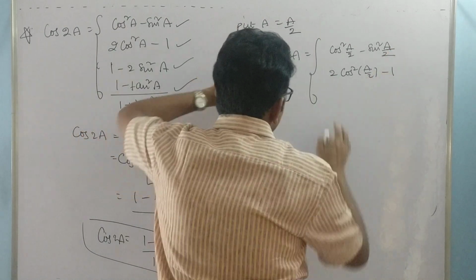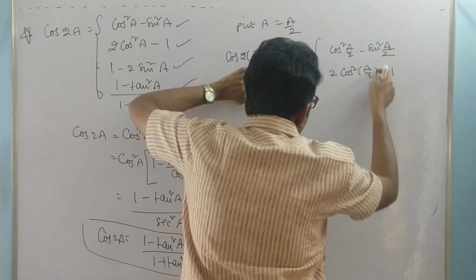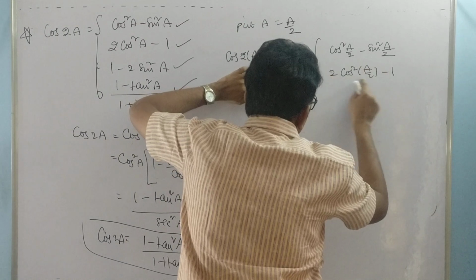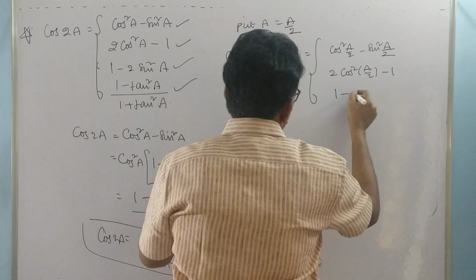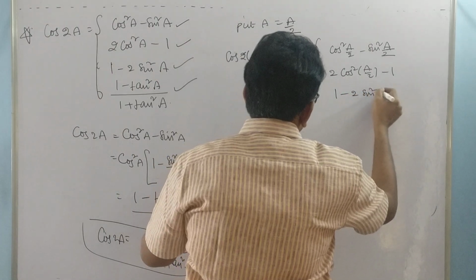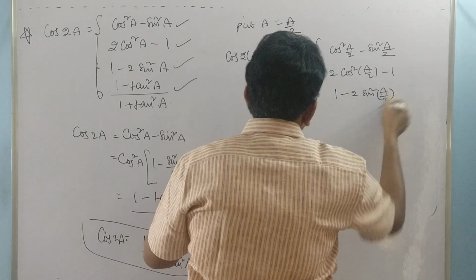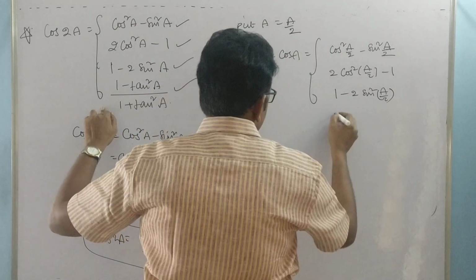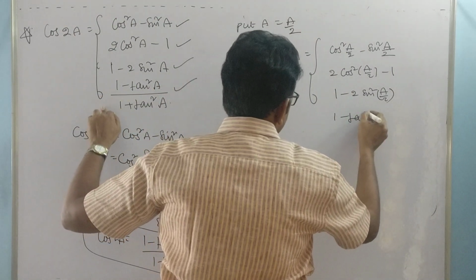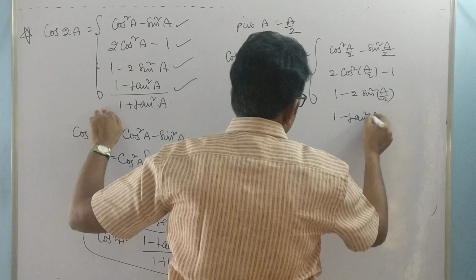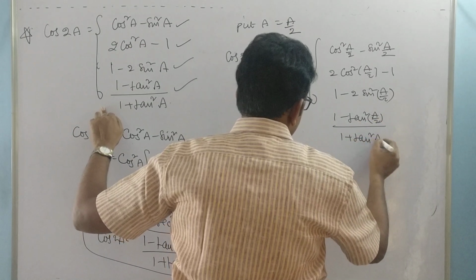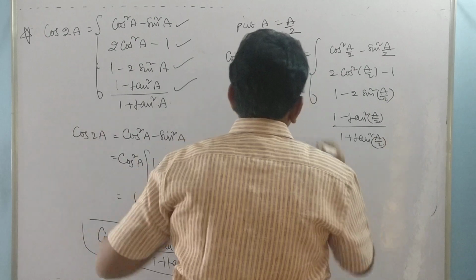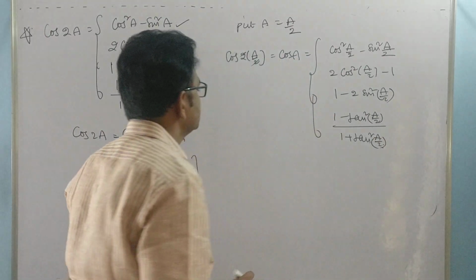So okay, don't cancel this and this. This is an angle, this is the multiple, and 1 minus 2 sin square A by 2, and 1 minus tan square A by 2 by 1 plus tan square A by 2. So these are the formulas for cos A.